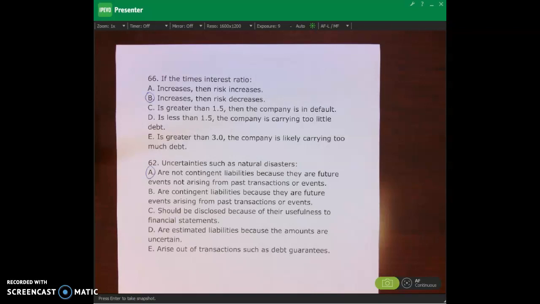Because of some natural disaster that has occurred, there's a past event, and now maybe there are lawsuits or something like that that we have to think about as contingent liabilities. But future natural disasters are future events, and so we don't consider them a contingent liability until they have arisen from some past transaction or event.